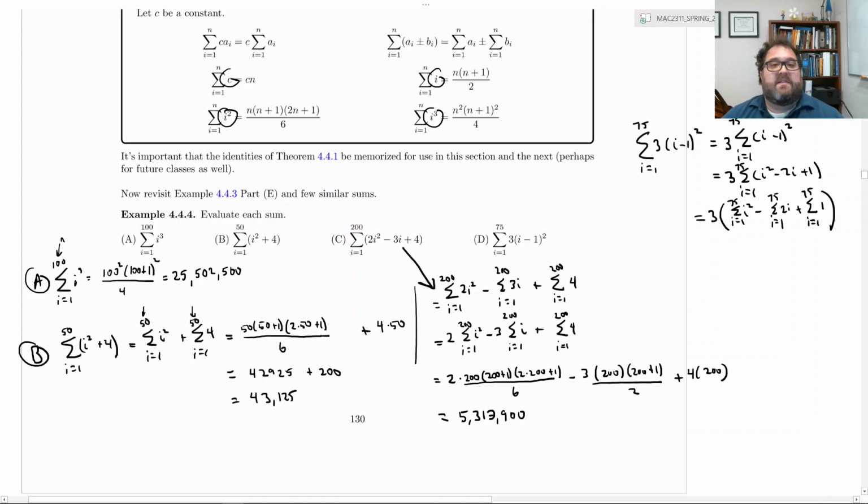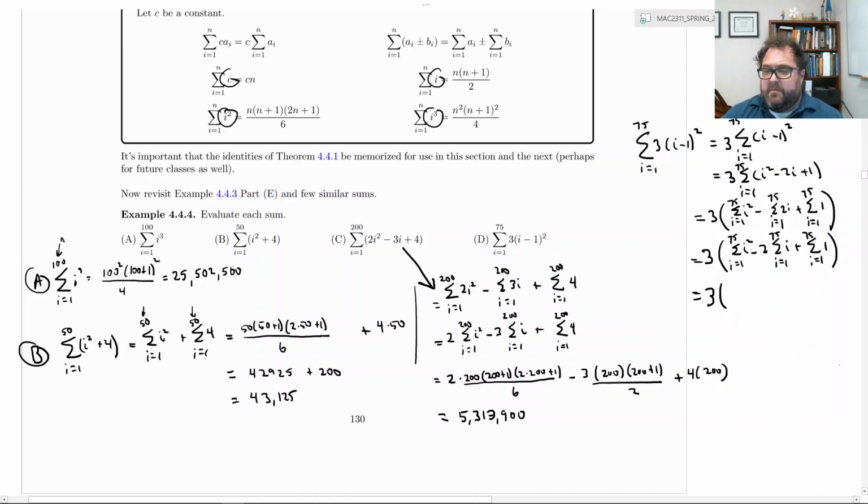Close parentheses, since that 3 applies to all of those sums. We gotta be careful in that regard. Equals, okay, I should probably take that constant multiple out, or we have to actually. And so we get the sum from i equal 1 to 75 of i squared, nothing changes there, minus 2 times the sum from i equal 1 to 75 of i, and then nothing changes on this last term, the sum from i equal 1 to 75 of 1.